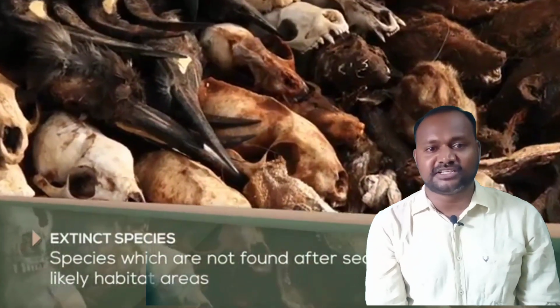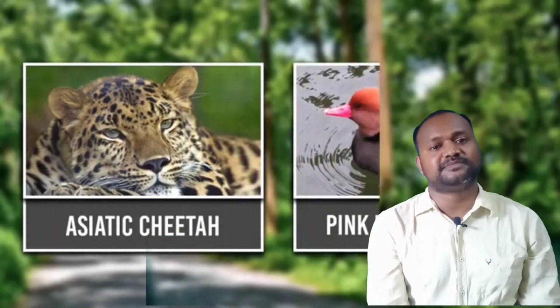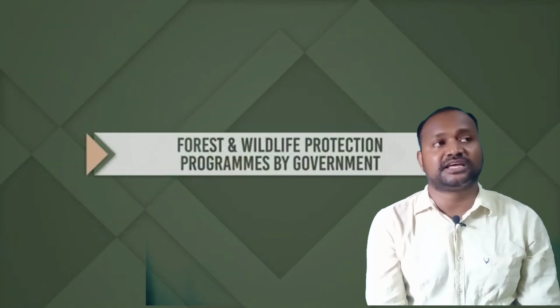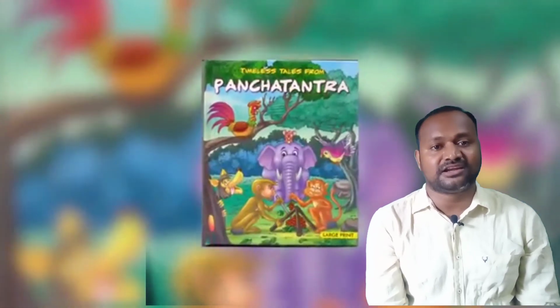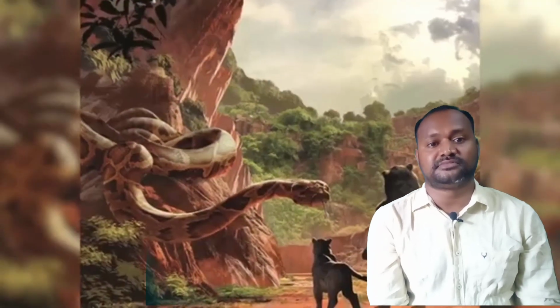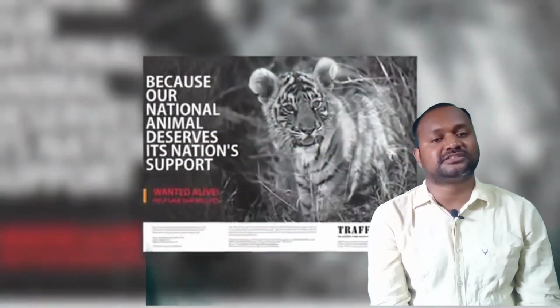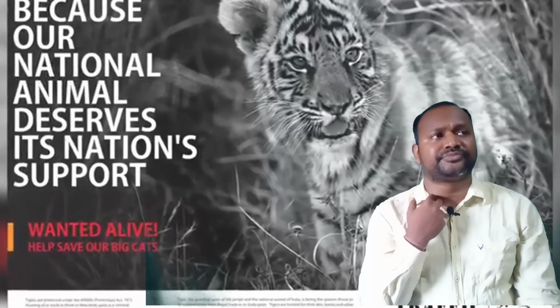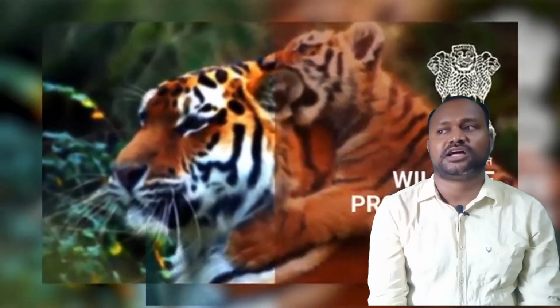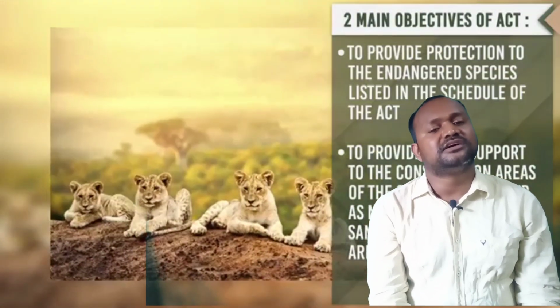The Asiatic cheetah is already an extinct species, but except that we have some critically endangered or endangered species like the Gangetic dolphin. We have the Indian bustard, as I have told you. Those are also endangered species. Some species are also endemic, which are found in a particular region, like the rhinoceros found in the Kaziranga region.